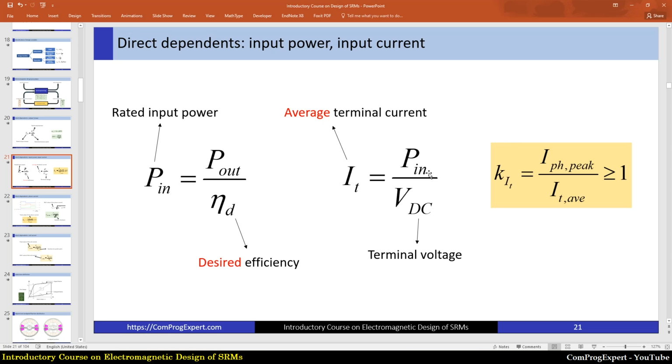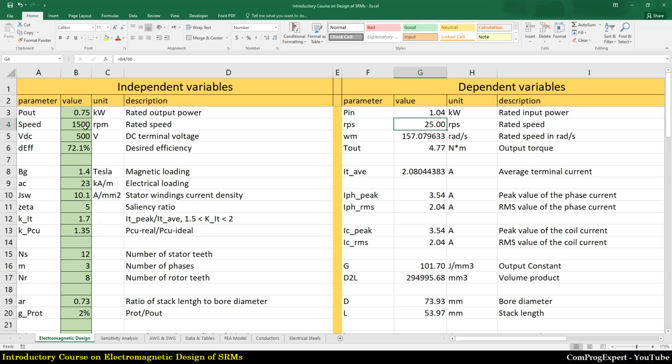So the average value of terminal current is equal to the input power divided by the DC voltage. Here I changed this number to 564 volts, and the average value of terminal current is 1.84.